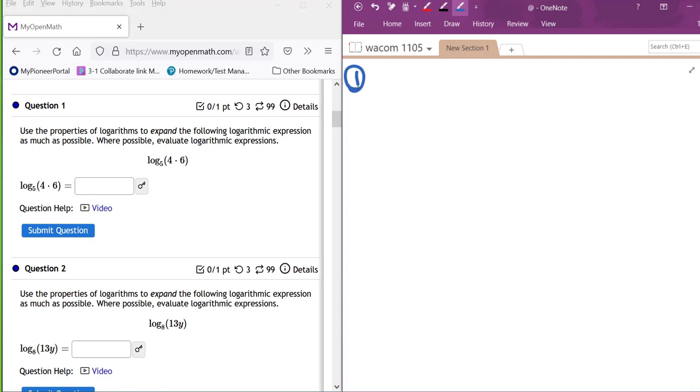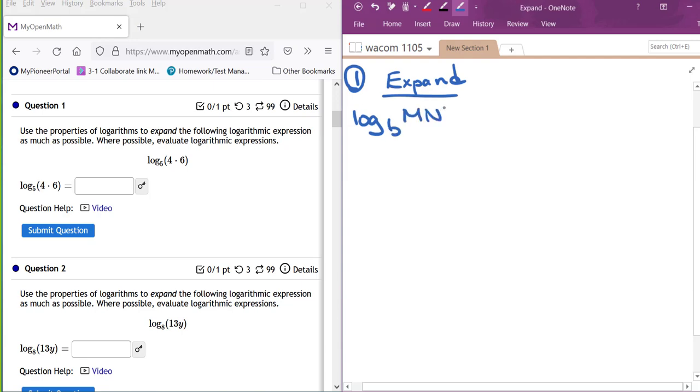Use the properties of logarithms to expand. And our first one we're going to use is the log of a product of m and n is equal to the sum of the separate logs.